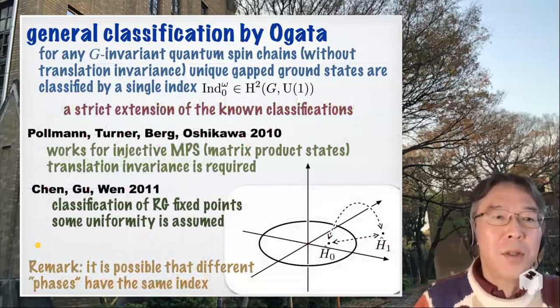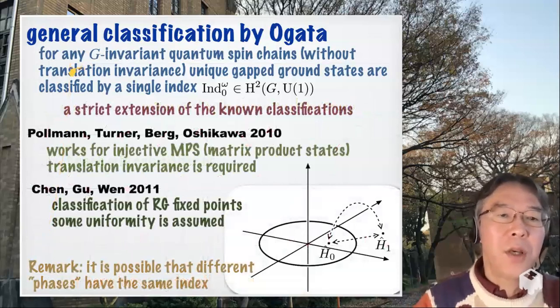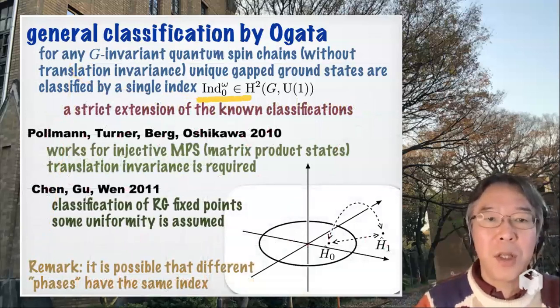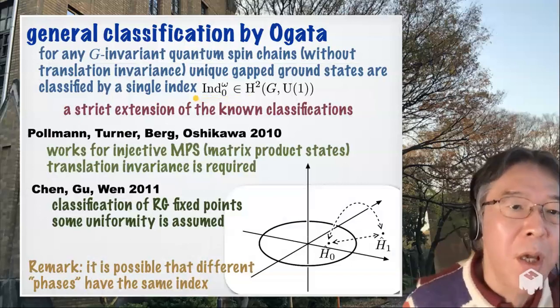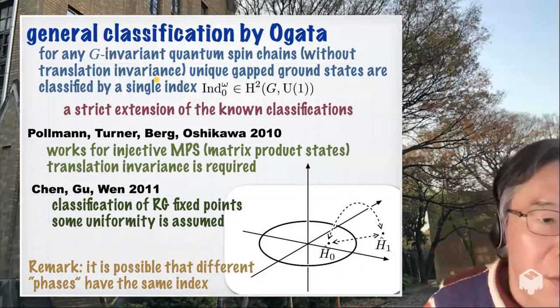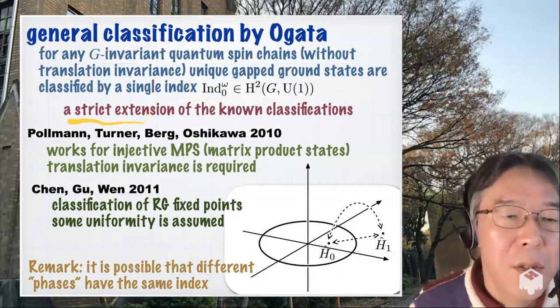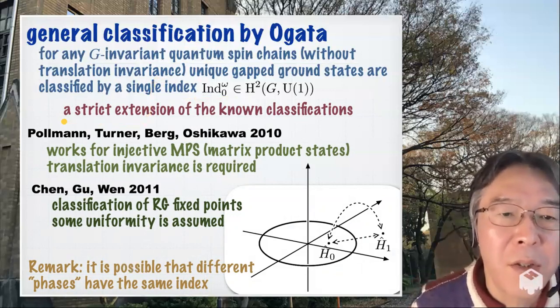So this is the summary of Ogata's classification. You only need to look at this single index, which lives in the second group cohomology, and you don't need any translation invariance. And this, I would say, is a strict extension of the known famous classifications.